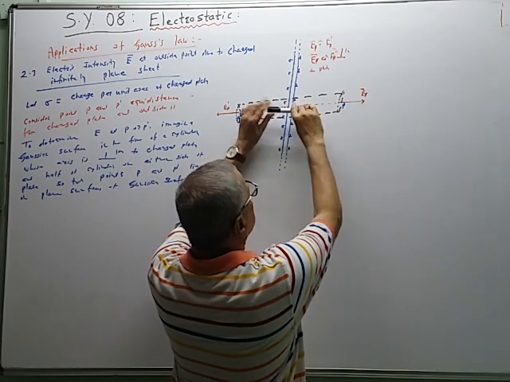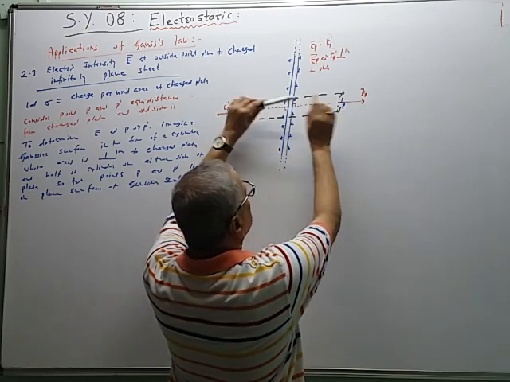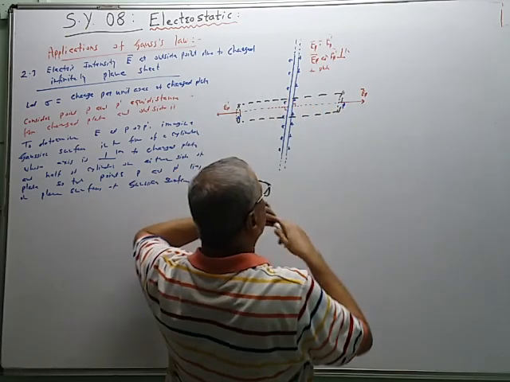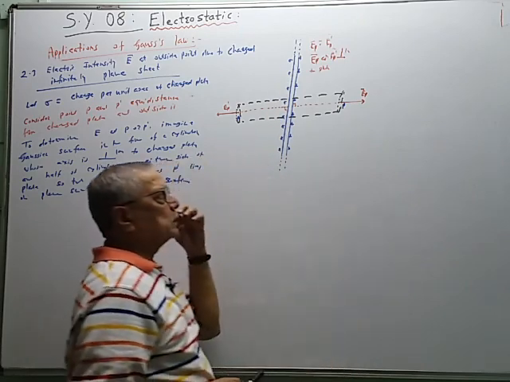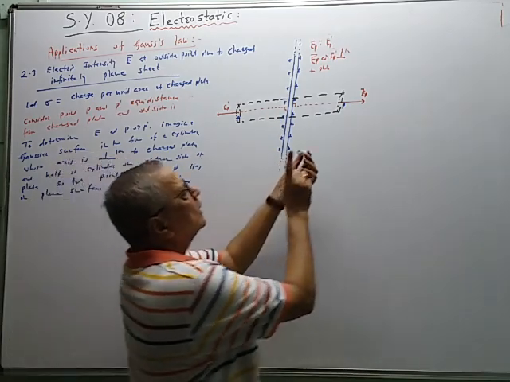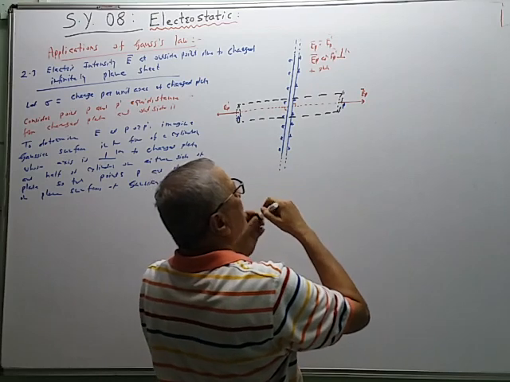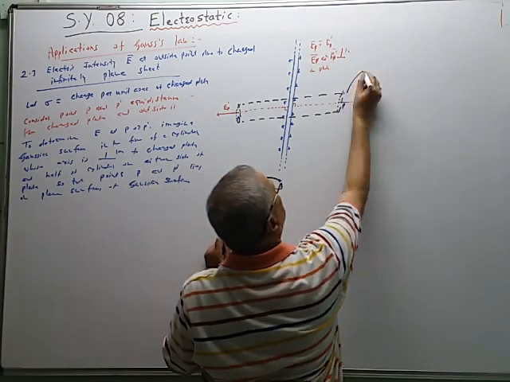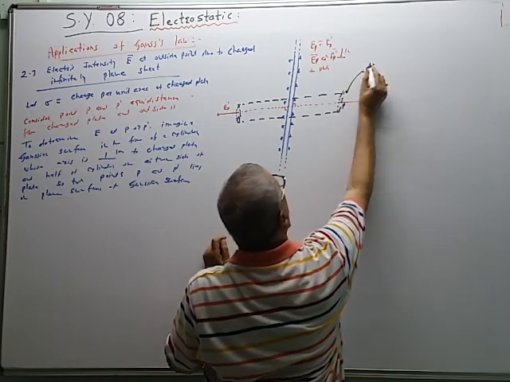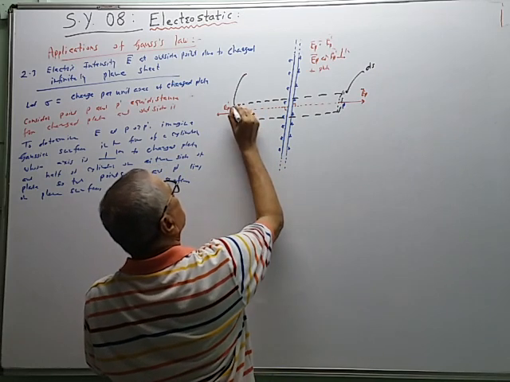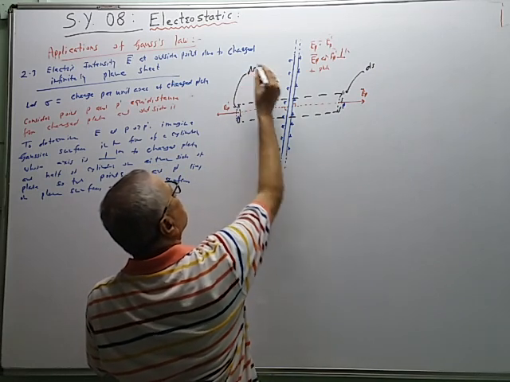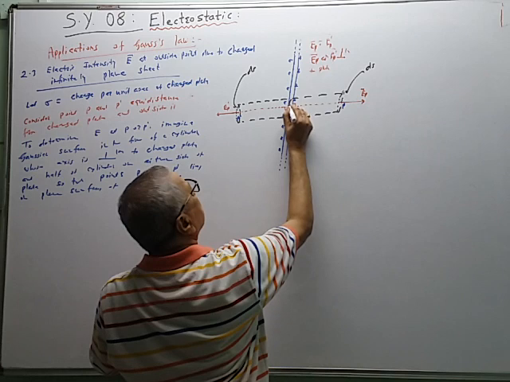Half the cylinder is on this side, and half the cylinder is on this side. Therefore, P and P dash are equidistant from the plane sheet. This area we are considering is ds, and this is also ds. The cylinder has the same cross-section area, and this is also ds.